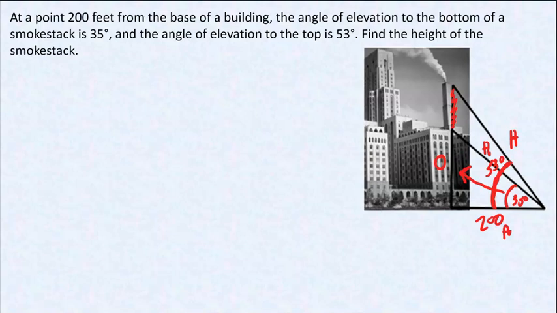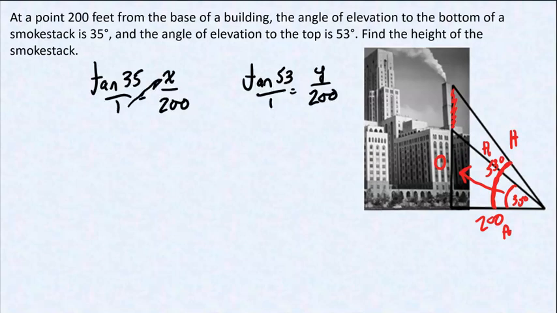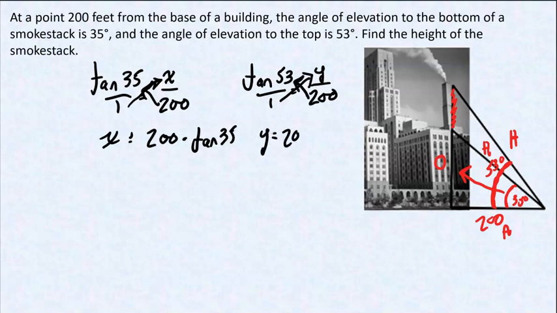So now let's set these up. Okay, I'm going to cross multiply these individually as I have before. So 1 times x is x, and then 200 times tangent 35, as far as we could tell, is 200 times tangent 35. We can't put those together yet. So 1 times y is y, and then we have the same thing on this side.